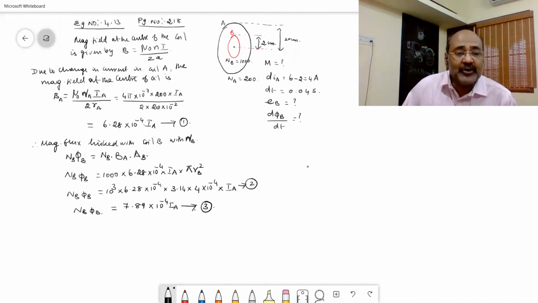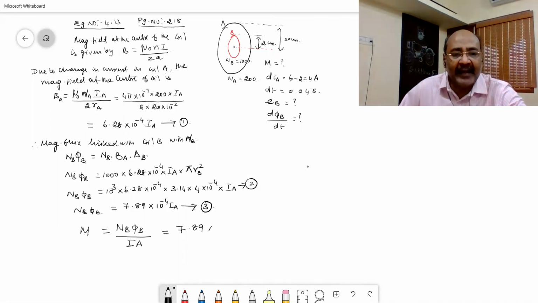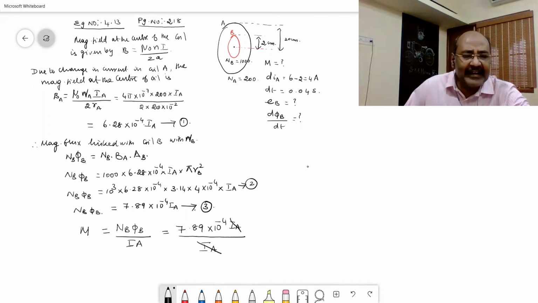I can write the mutual inductance M between coil A and coil B as the total flux N_B phi_B divided by the current passing through coil A, that is I_A. N_B phi_B is equal to 7.89 into 10 to the power of minus 4 times I_A, divided by I_A. This I_A and this I_A will get cancelled.